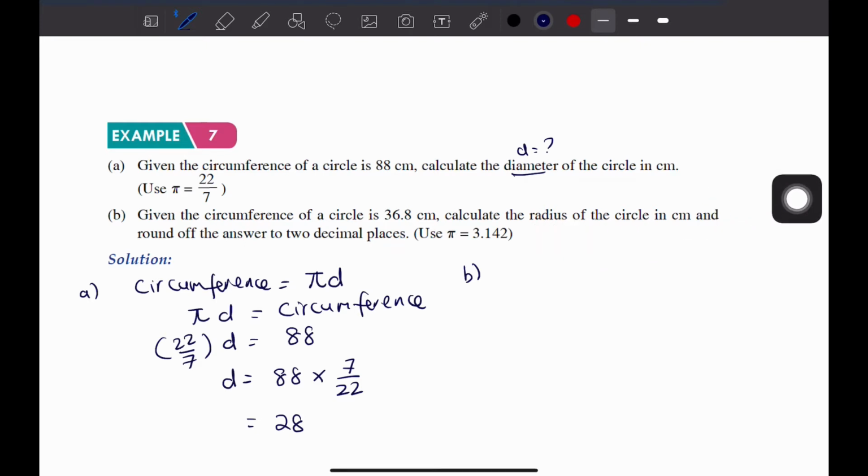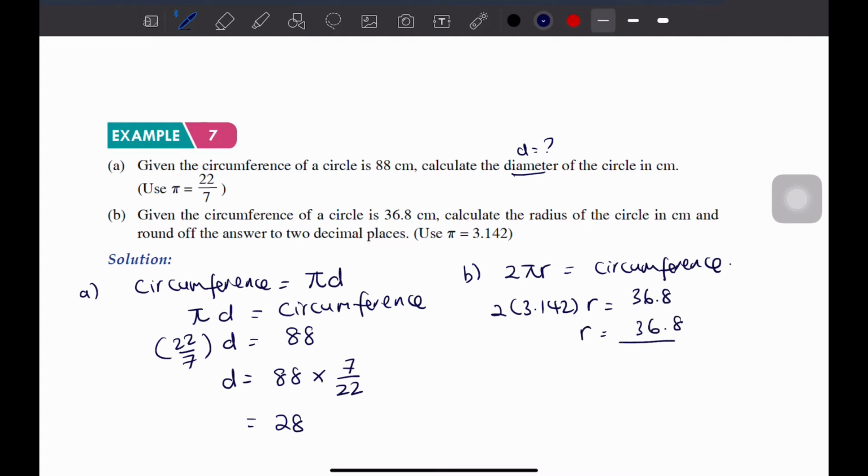Okay, so radius. So 2 pi r is equals to circumference. Okay, so 2 pi is 3.142, r equals to circumference is 36.8. So r is equals to 36.8 divided by, so these two things move to the other side, it will be divide.